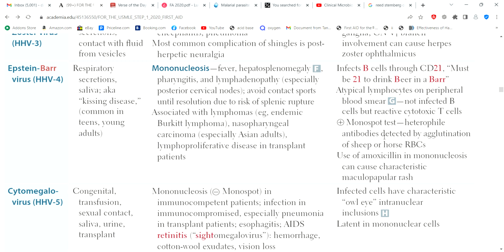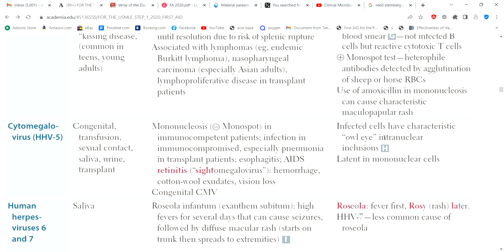EBV activates B cells to secrete heterophile anti-sheep RBC antibodies, and these antibodies will clump sheep or horse RBCs together, and that's how you know you're working with the Epstein-Barr virus, because this will always be a positive monospot test. Okay. CMV is also extremely heavily tested.